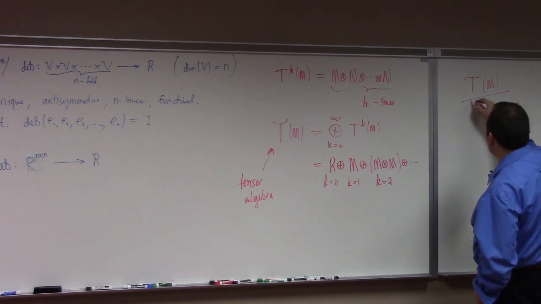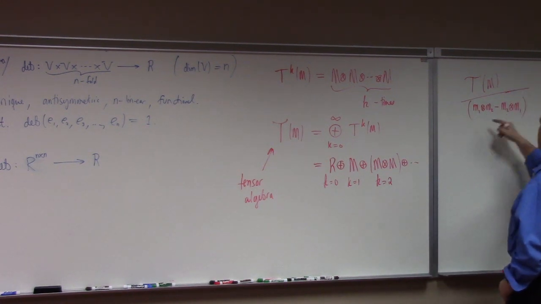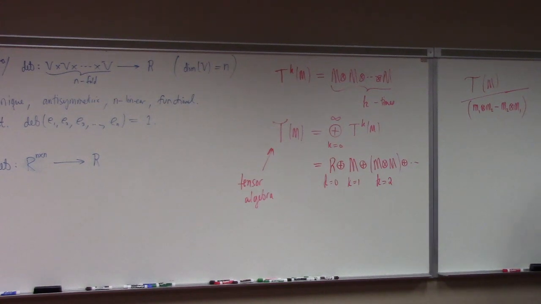So look at the ideal in the tensor algebra generated by the difference of these simple tensors. So what does that do? That quotient is the quotient in which we can just commute the tensor products, right? This is called the completely symmetric tensor algebra, S(M).